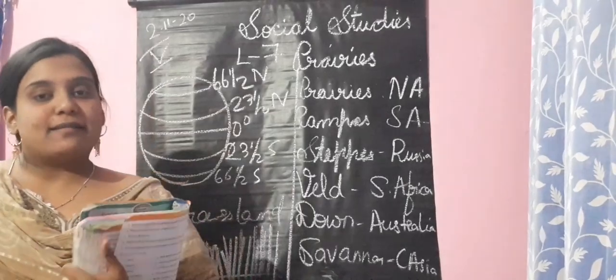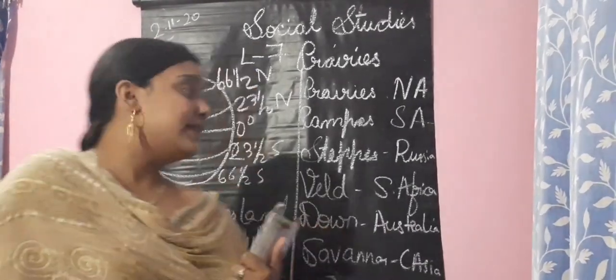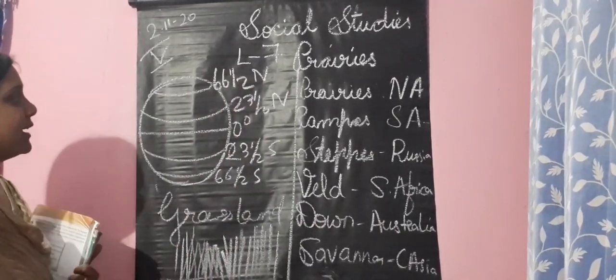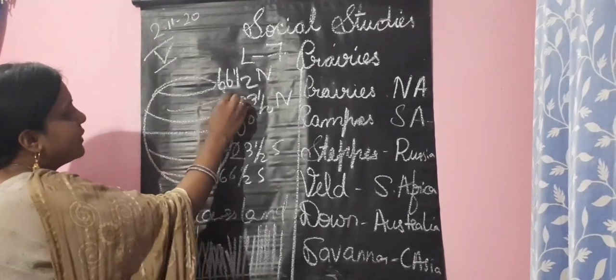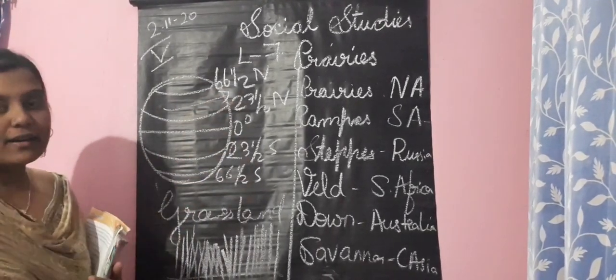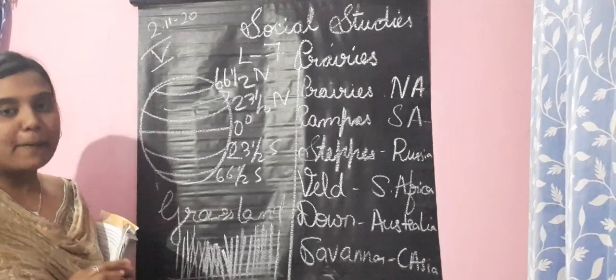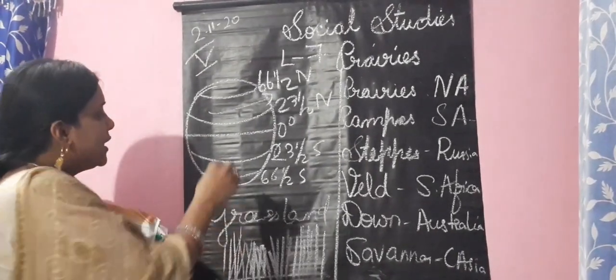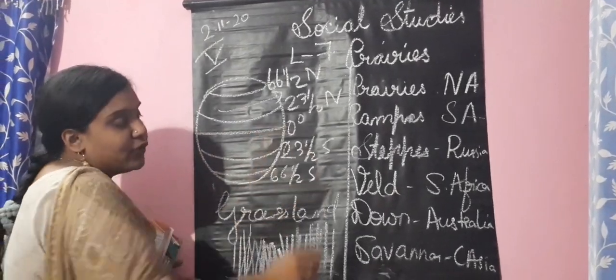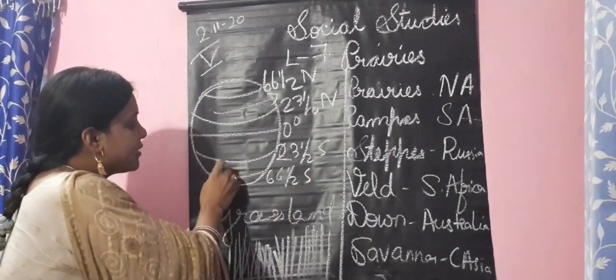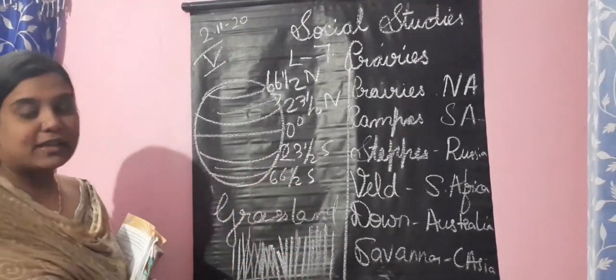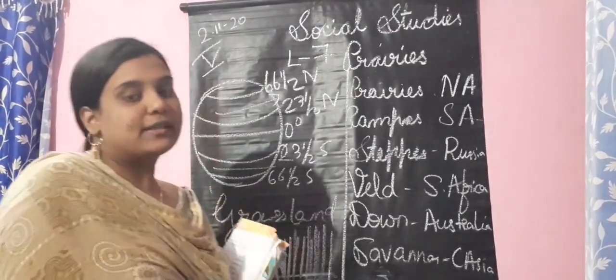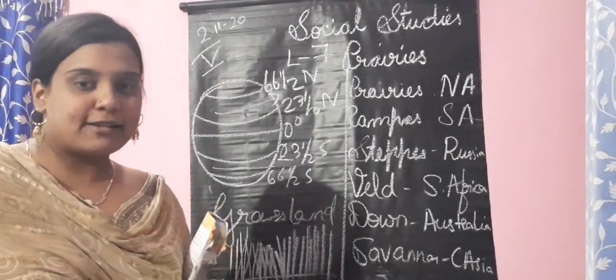Where do these prairies or grasslands lie? They lie in the temperate zone. Actually, children, these prairies or grasslands lie completely in the temperate zone itself. What is the meaning of temperate zone? You know the equator, where the sun rays fall directly. The temperate zone comes near the hill stations. In our language, these temperate zones are hill stations.